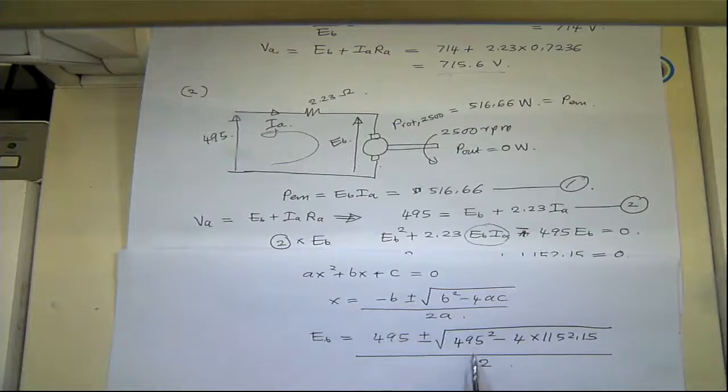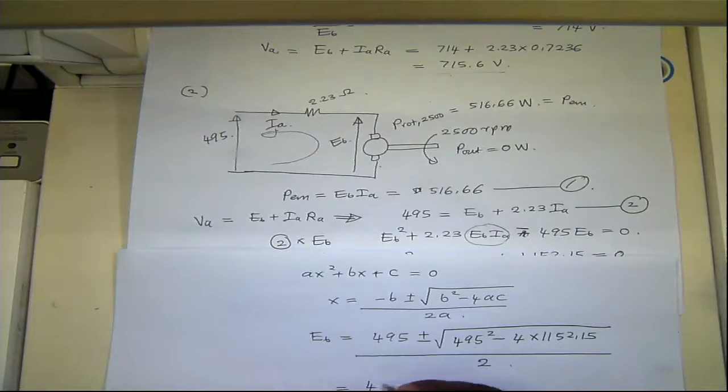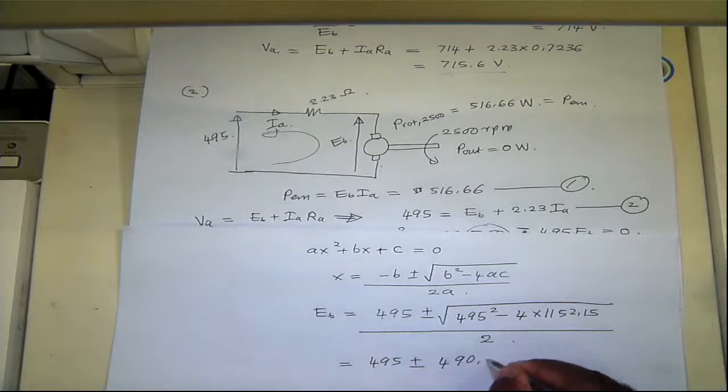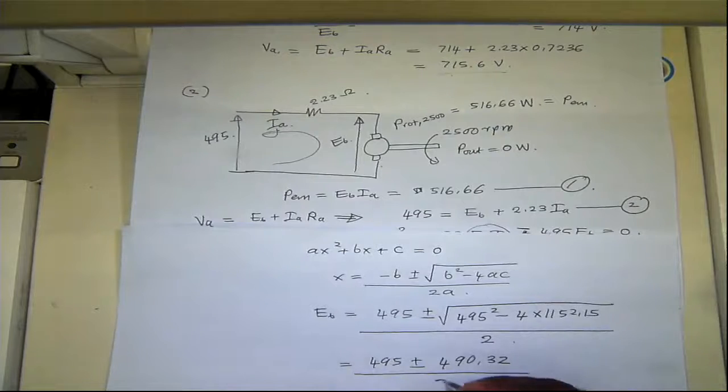So this part here, 495 plus or minus, which is 490.32, divided by 2.